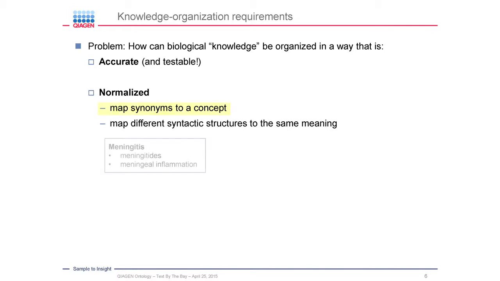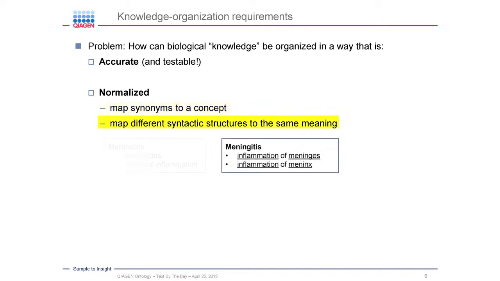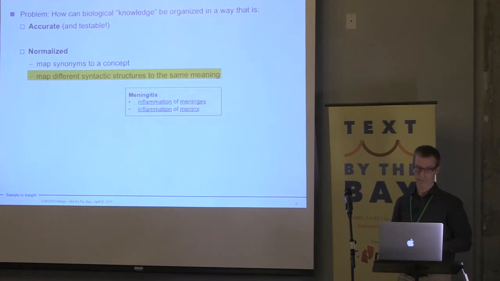So if someone's referring to inflammation of meninges or inflammation of meninx, we need to know that that means the same thing, and there are extensions past that where, even when the semantic structures are different, we still need to be able to recognize that we're talking about the same thing.